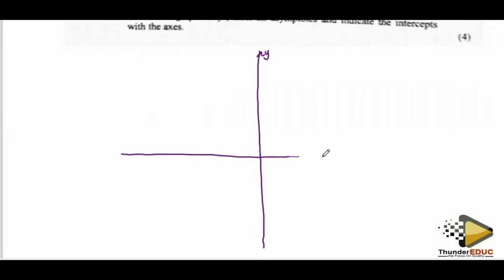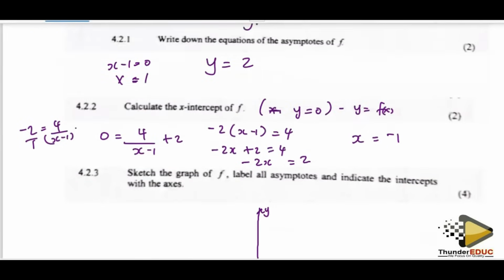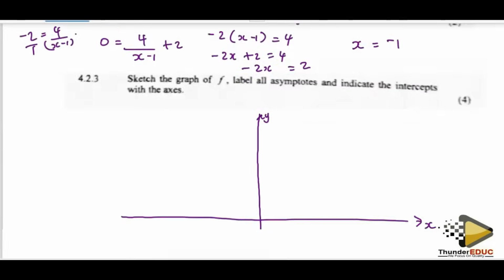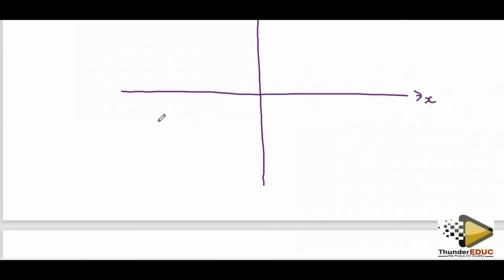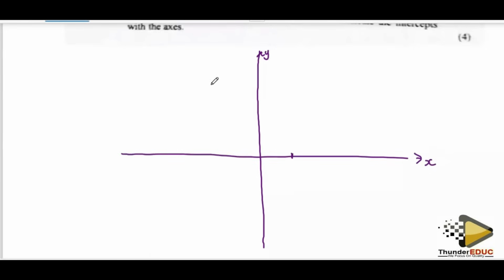Then I can put my x somewhere there. So step number 1 when you are sketching a hyperbola is the asymptotes. Just draw the asymptotes. We said x is 1 and y is 2. So my x equals 1 is going to be somewhere here, the dotted line.